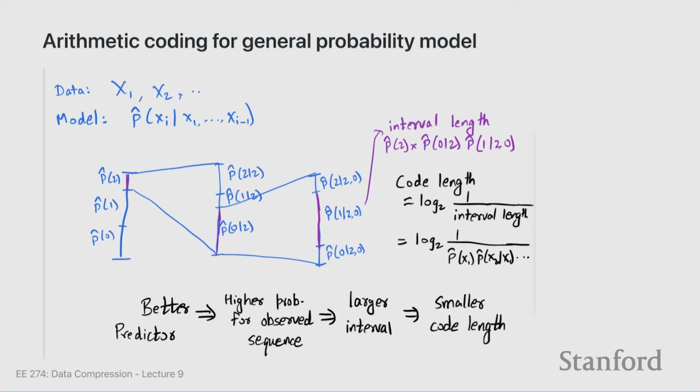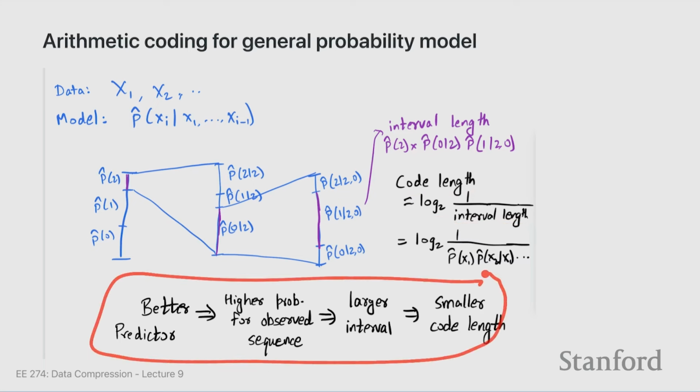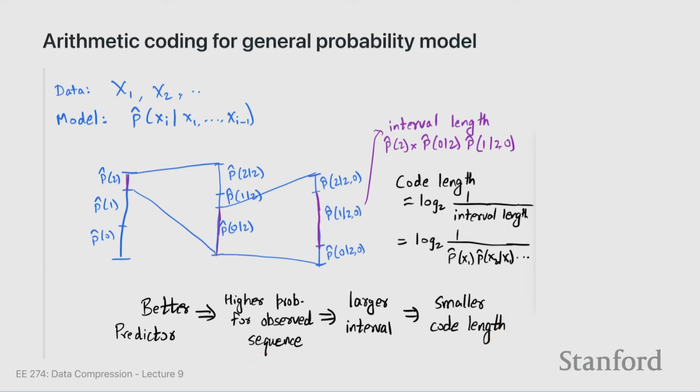The code length will be the log of 1 over the interval length. This didn't change, which is the log of the product of the probabilities. And really this is the core. A better predictor gives you higher probabilities, right? So if you have a very good predictor, then the thing you actually observe will have very high probabilities.